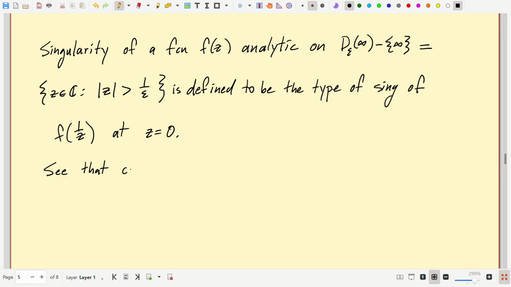So what I'm saying is we see that cosine z has an essential singularity at the point at infinity.